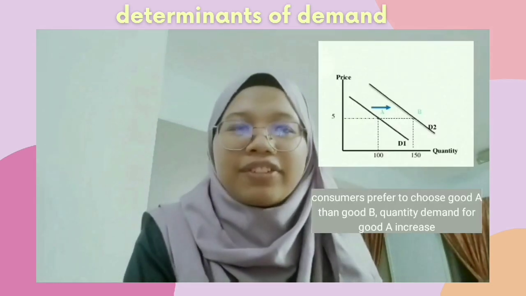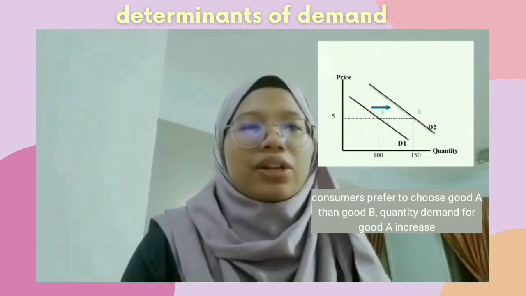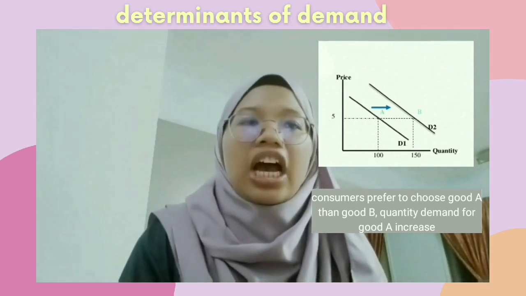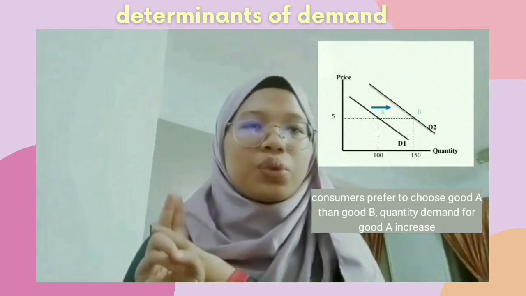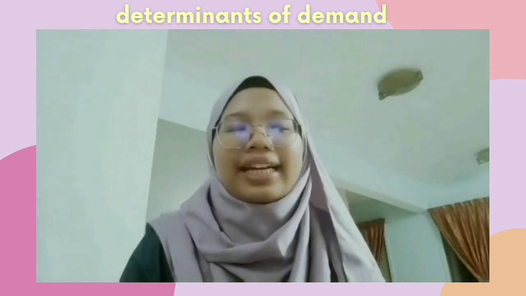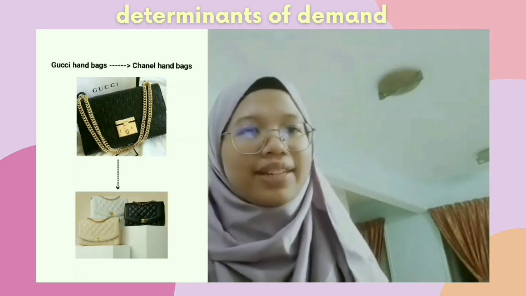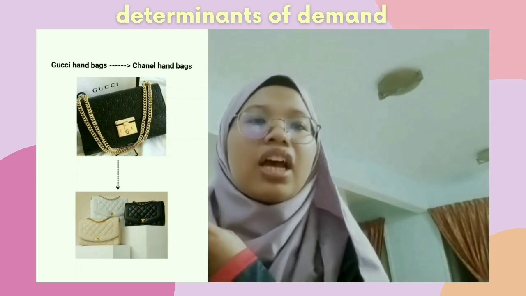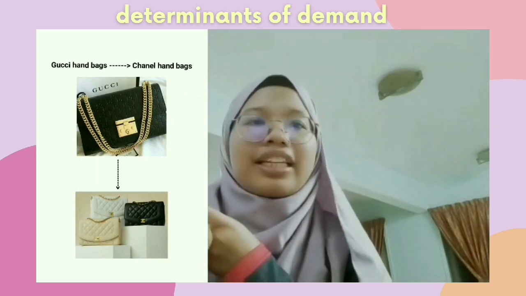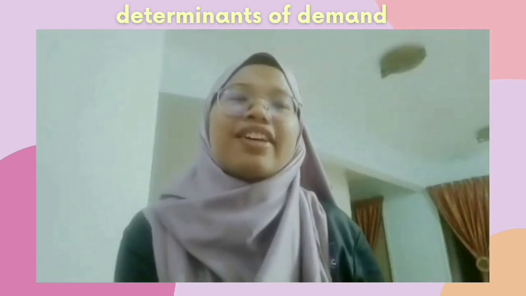When consumers prefer goods B over goods A for a few reasons, automatically the quantity demanded for the new goods will increase. For example, if consumers change their favorite handbag from Gucci to Chanel, the quantity demanded for Chanel's handbag will increase.